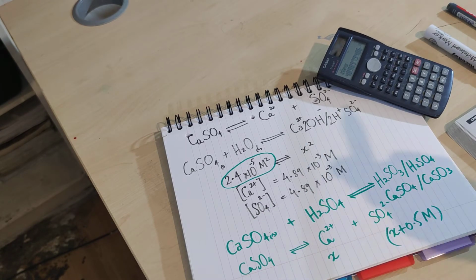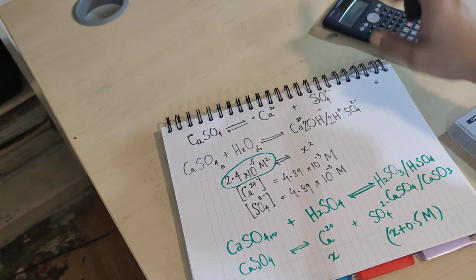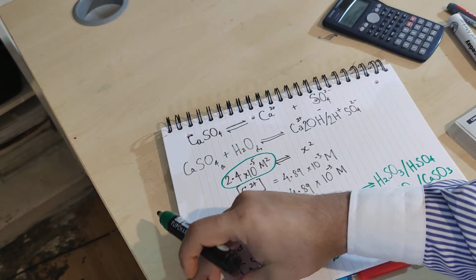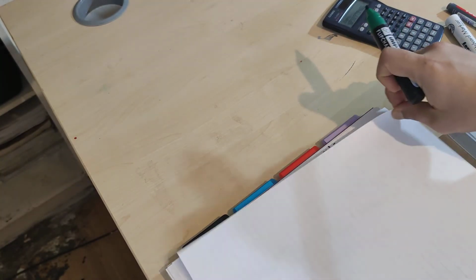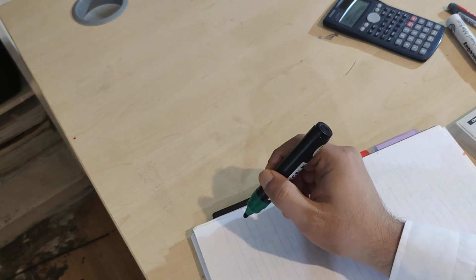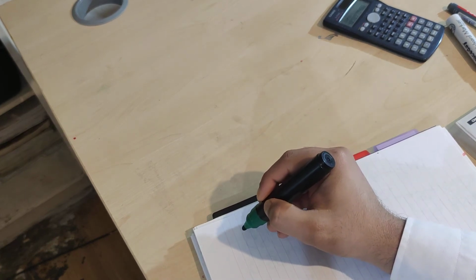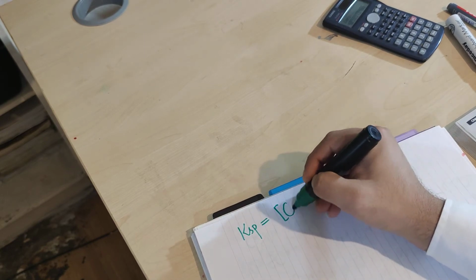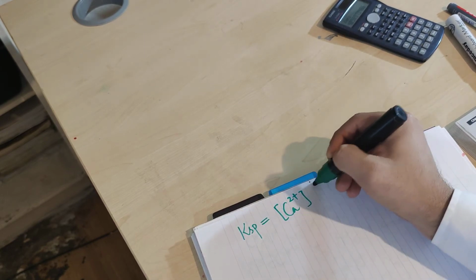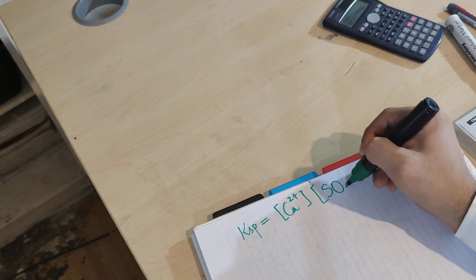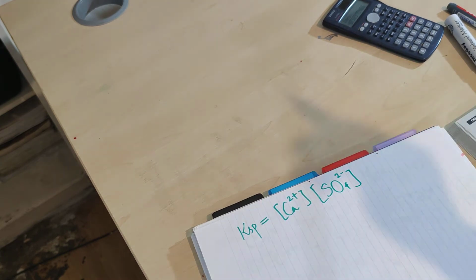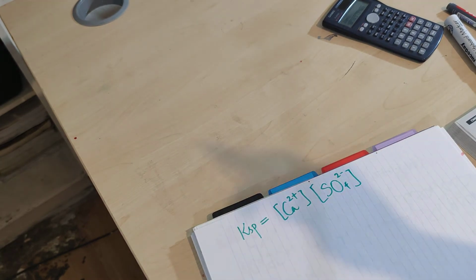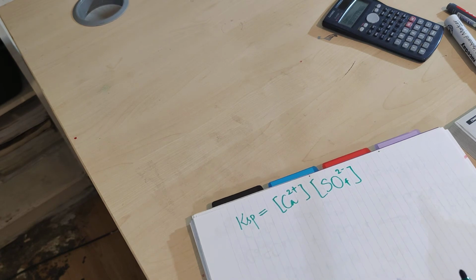So the equation in this particular case would be Ksp equals calcium 2 positive and sulfate 2 negative, and both are singular in exponents because of their equimolar ratio.